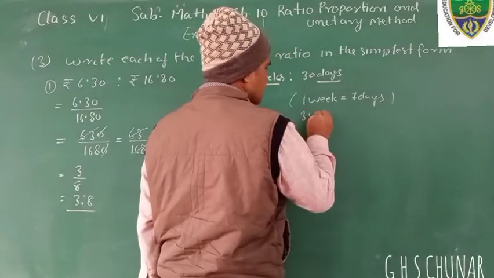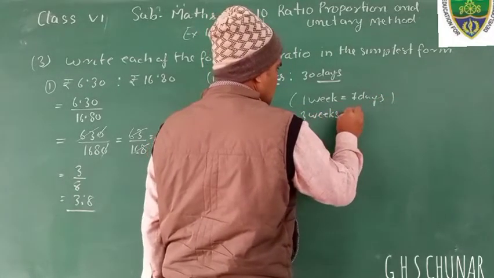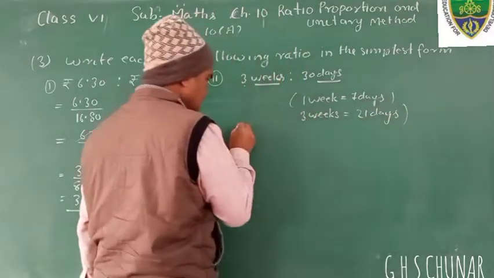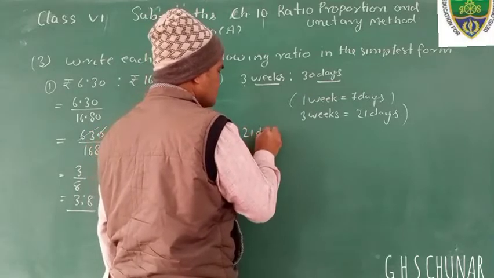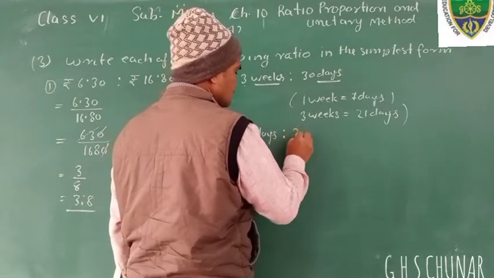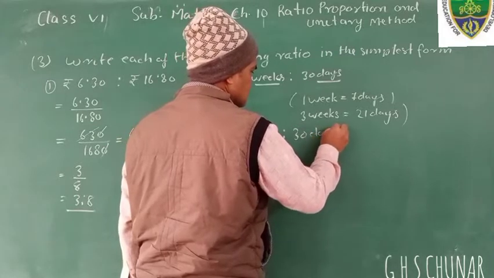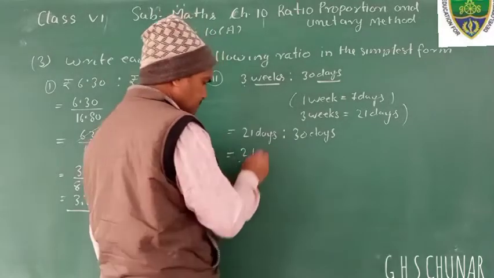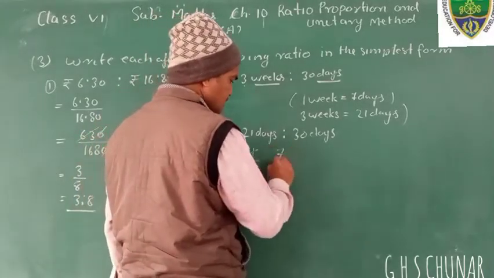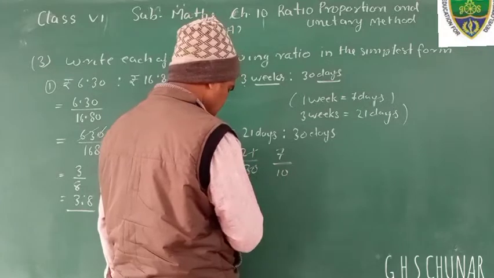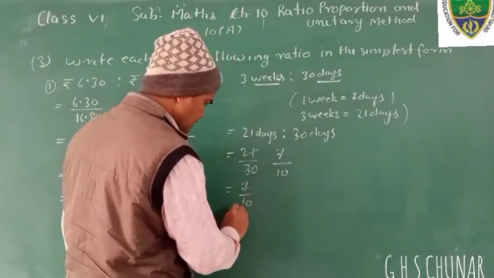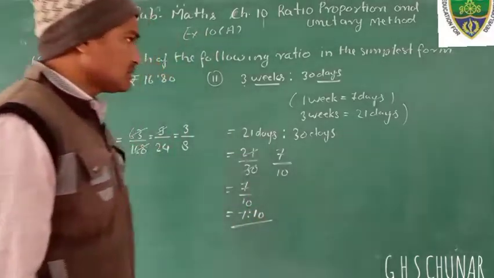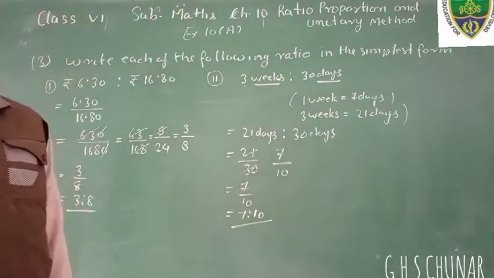So 3 weeks is equal to 21 days. So that is 21 days ratio 30 days. We will write 21 upon 30. 3 7s are 21, 3 10s are 30. That is 7 upon 10, which is equal to 7 ratio 10. It is the simplest form of the given ratio.